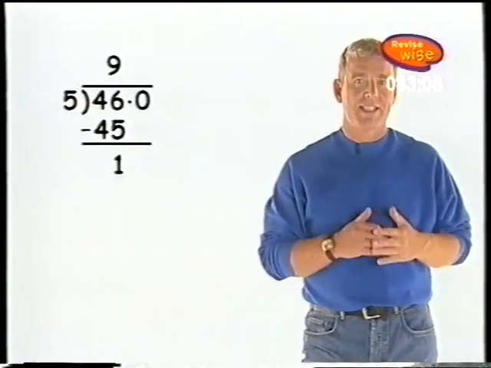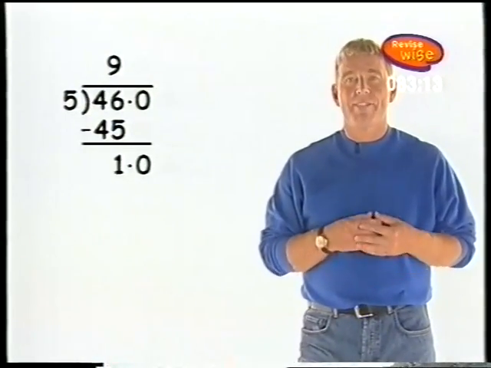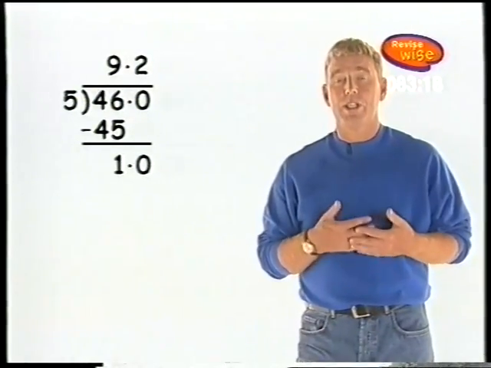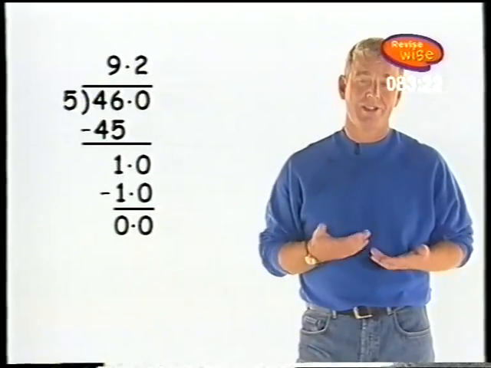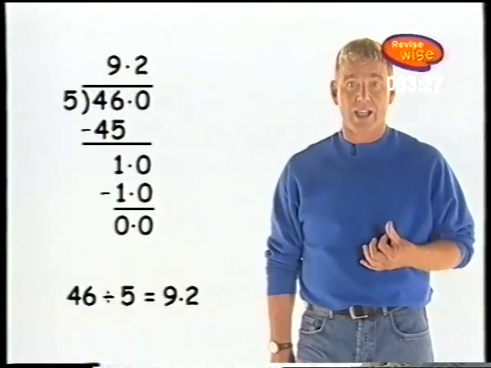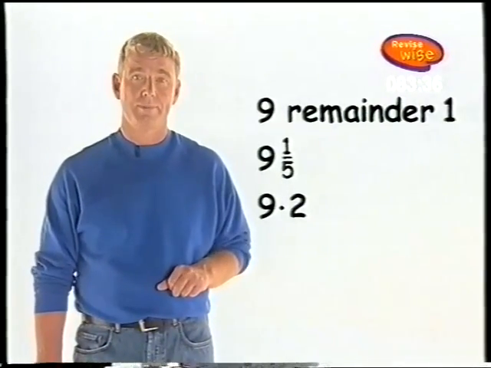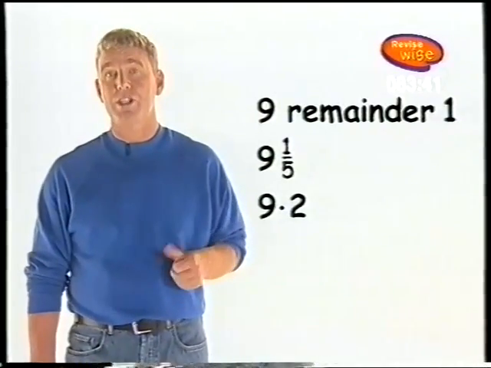Add a 0 after the decimal point so we can carry on and bring it down. 5 into 1.0 is 0.2. 0.2 times 5 is 1. 1 from 1 is 0, so that's it. 46 divided by 5 is 9.2. So 46 divided by 5 is either 9 remainder 1, 9 and 1/5, or 9.2.